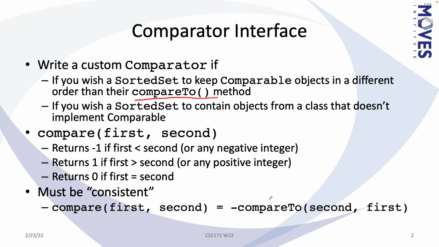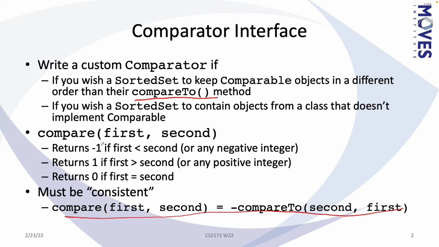An incorrect comparator would, among other things, violate this: if I say this is bigger than that, then that has to be smaller than this. In other words, if I flip the order of the two arguments, then I need to get the negative.